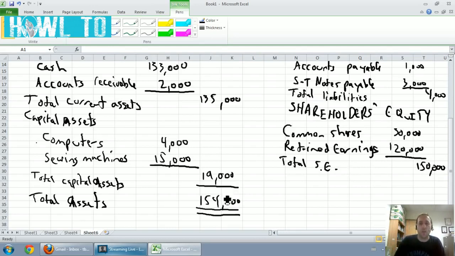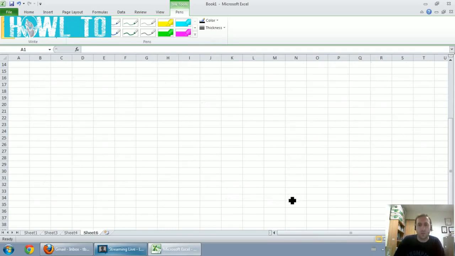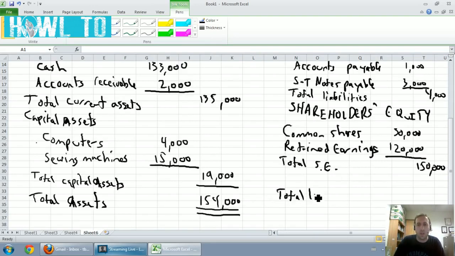And now I have a grand total, and it's going to be total liabilities and shareholders equity. Again, I know my penmanship leaves a lot to be desired, but you can see the total liabilities there are 4. The total shareholders equity is 150. 4 plus 150 is 154. Double underline it as it's a bottom line.